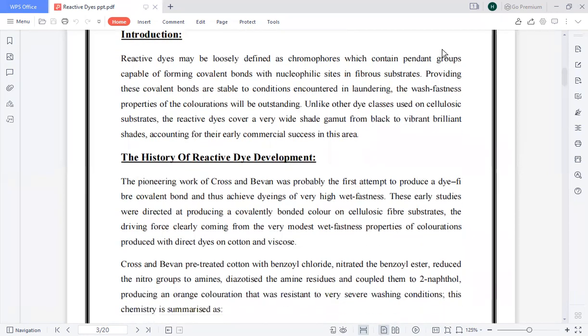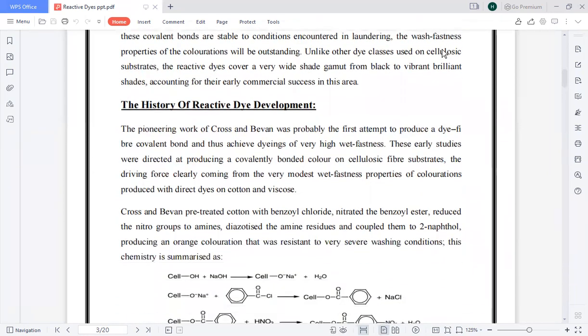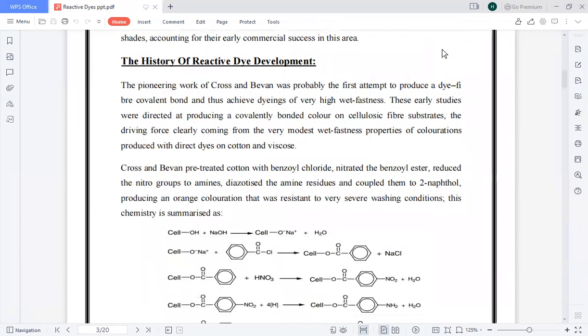So next, moving toward the history of reactive dye development. The pioneer work of Cross and Bevan was probably the first attempt to produce a dye-fiber covalent bond and thus achieve dyes of very high wet fastness.